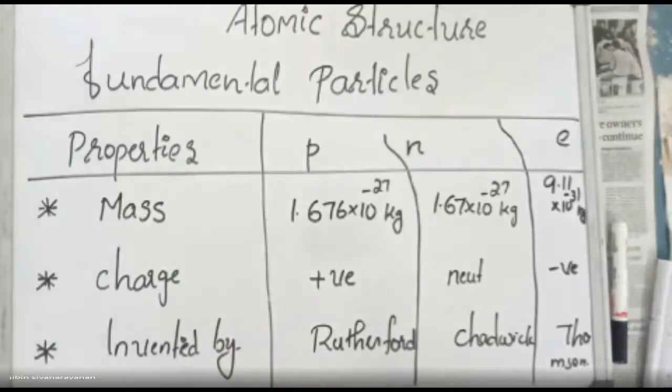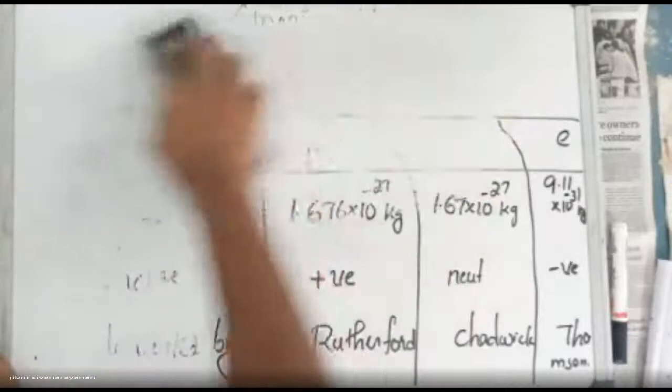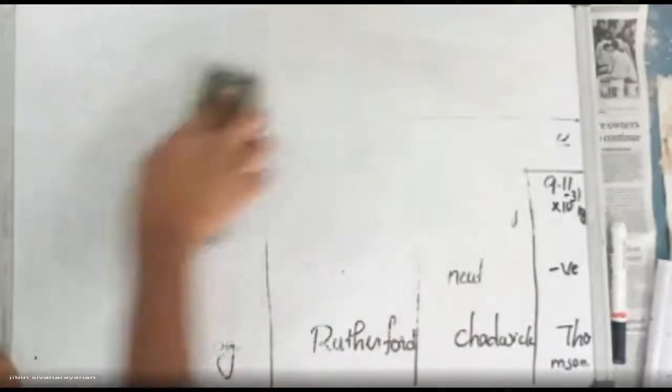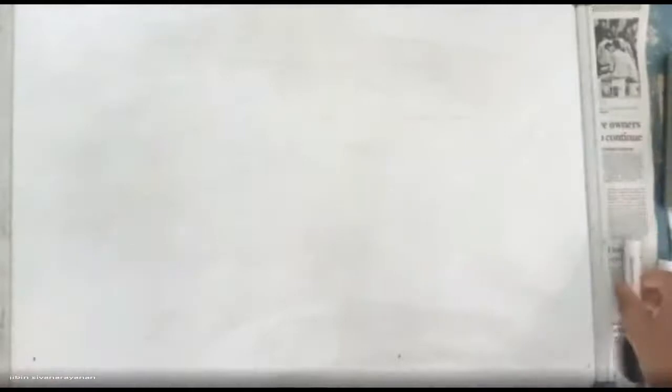I think I can wipe clear this board. So for this black body, the stimulus or disturbance can be varied in terms of temperature, pressure, or anything.